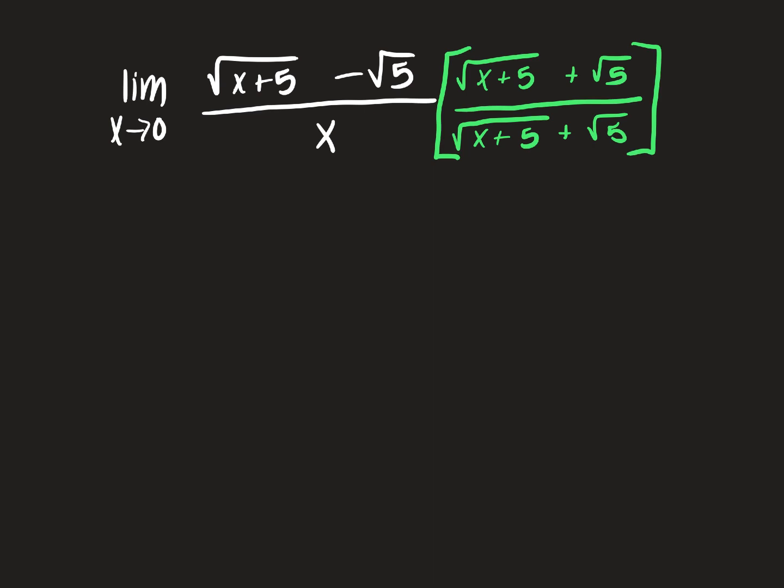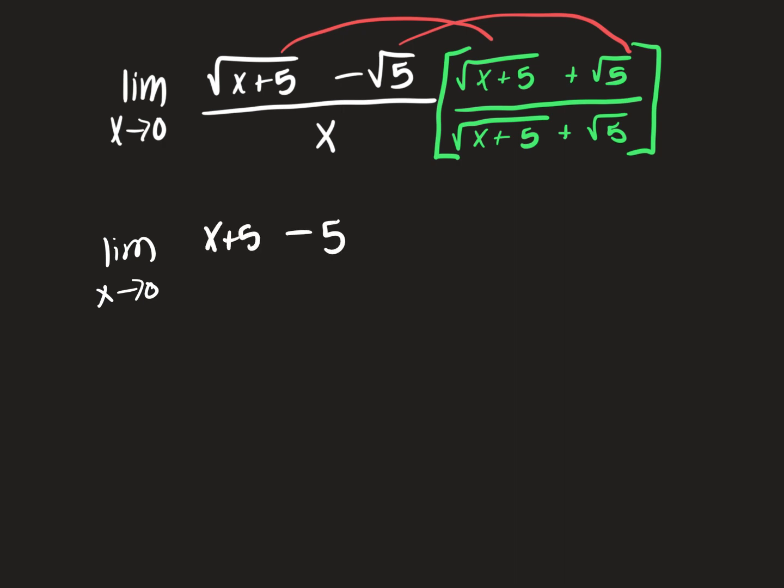So remember, on the top in this case, we're technically multiplying this and this. We should FOIL, but it doesn't matter because it works out. We get x plus 5 minus 5.